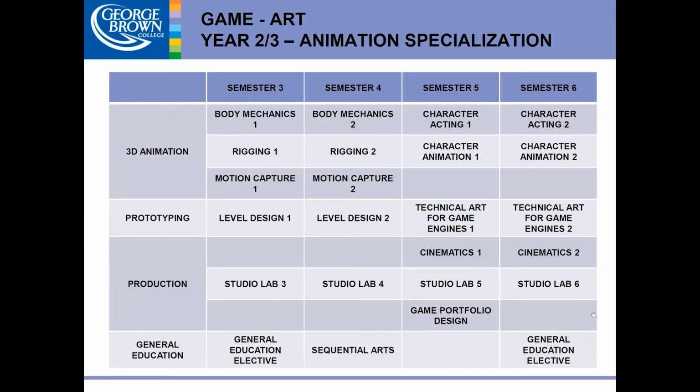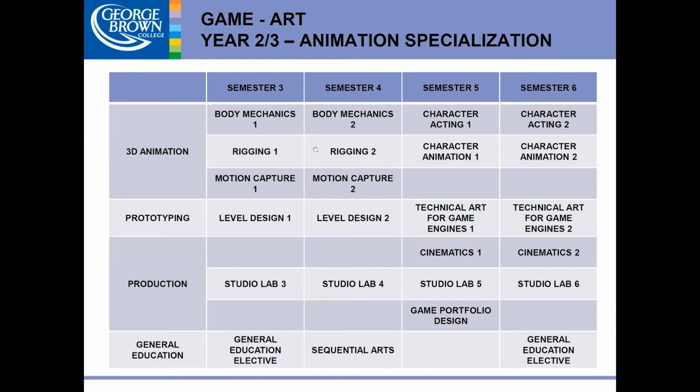To give you a picture of the animation curriculum, now in second year, unlike the modeling specialization, our students in second year will learn a bit more about characters, and in particular, they need to study anatomy, they need to understand how the human body moves, because ultimately they're going to be animating those body parts.